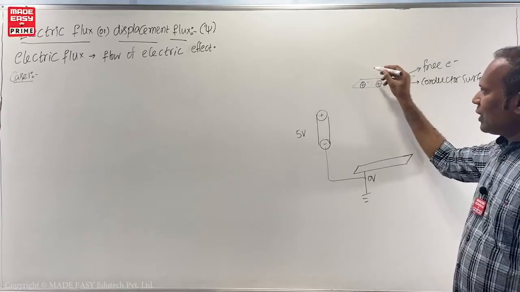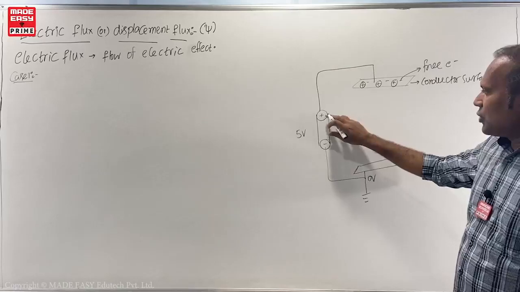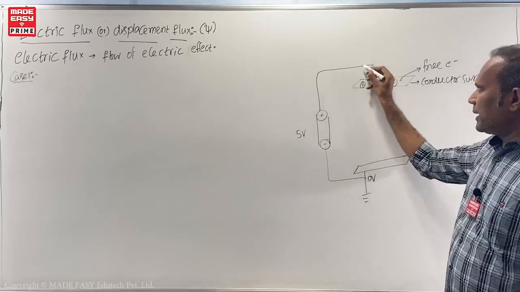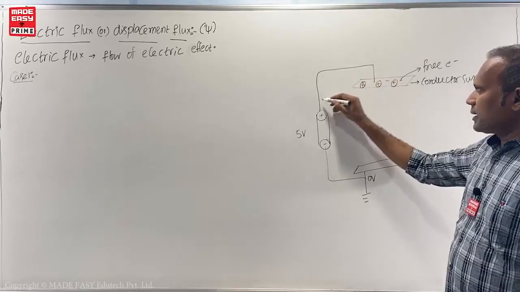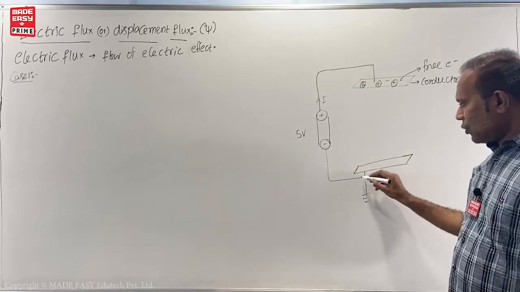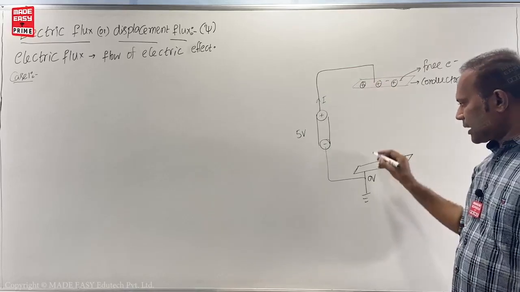Now if I take one wire and connect it to this one, this positive terminal attracts the electrons. The free electrons start coming like this, and when the electrons come like this, current will go the other way. The electron can go to the ground, but it will not go because the positive ions attract that electron.